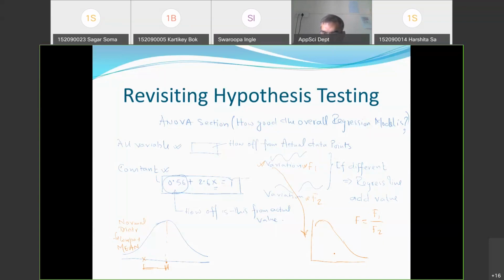This ratio, we see how significant it is, whether we can have this kind of F value.